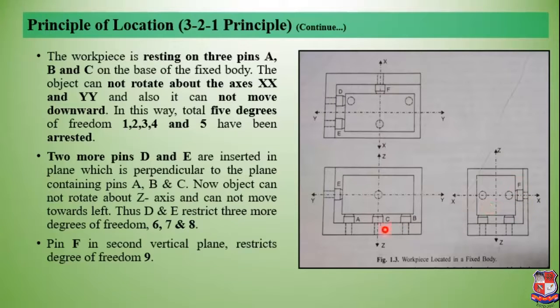So we can understand how many degrees of freedom we can restrict by providing A, B, C, D, E and F. Number 1, 2, 3, 4, 5 are restricted by providing pins A, B, C. Then number 6, 7, 8 are restricted by providing pins D and E, and number 9 is restricted by providing pin F.